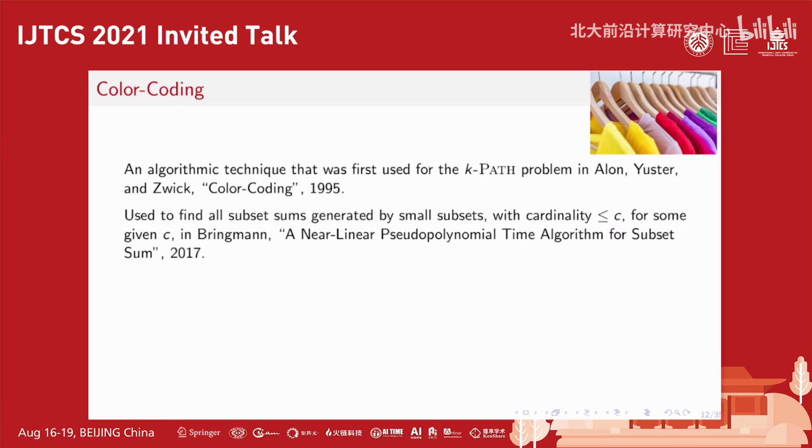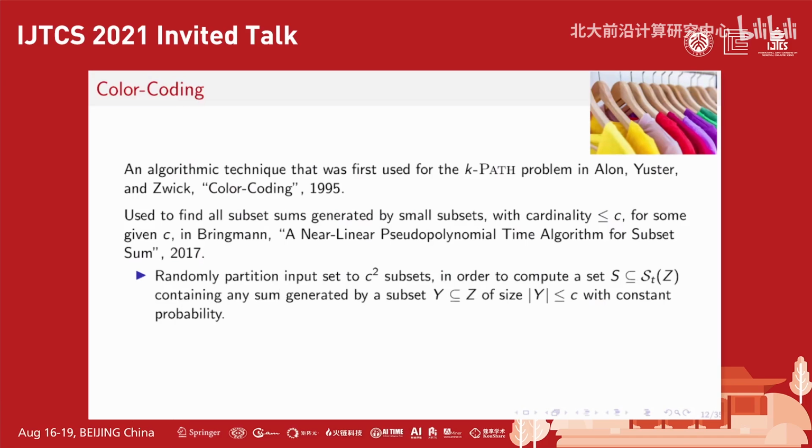by C. The technique works as follows. We initially partition our input set into C-squared subsets. We hope that we successfully split our one intended subset, where the notion of splitting a subset will be explained later. And if we have indeed split this subset, through the FFT operations we perform, and the pairwise sum operations, and these are actually interchangeable, we can produce the respective subset sum of this subset.